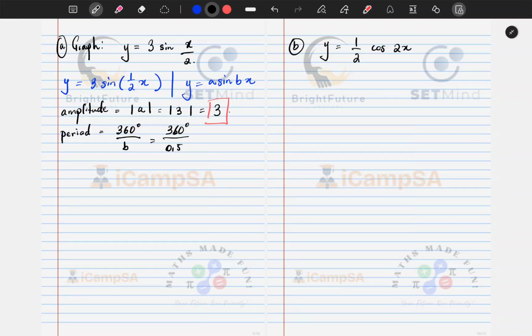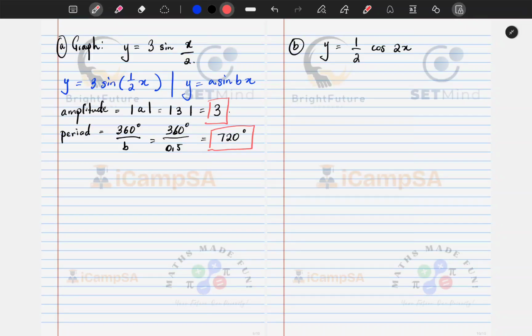So what's going to be my period? When you punch your calculator, your period is going to be 720 degrees. So it means that it will take 720 degrees to complete one cycle. That's what this means.